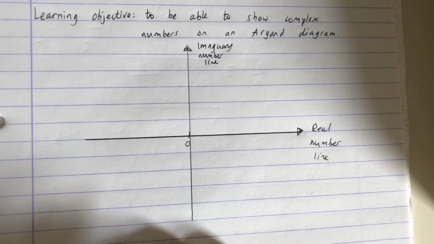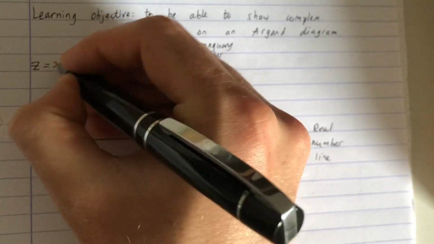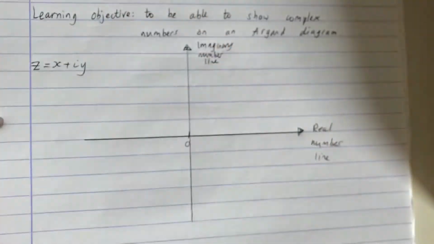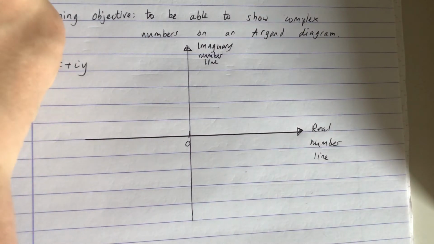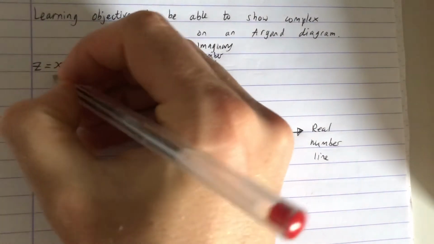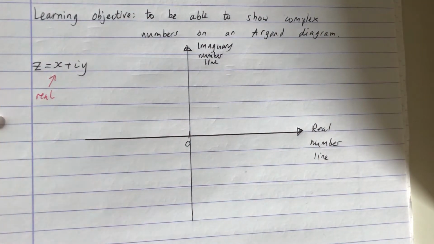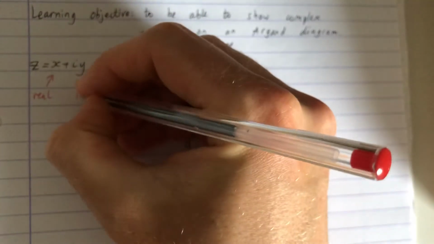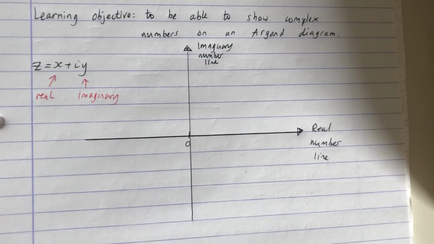So if I came up with a complex number, something like z equals x plus iy, the real part is x, the imaginary part is y, and I effectively plot this like I could plot a coordinate.